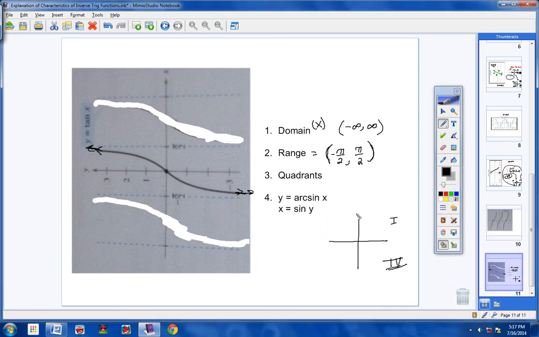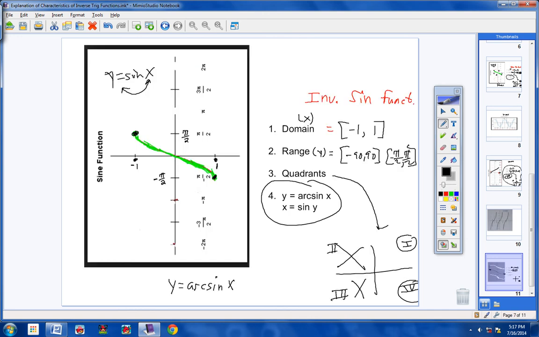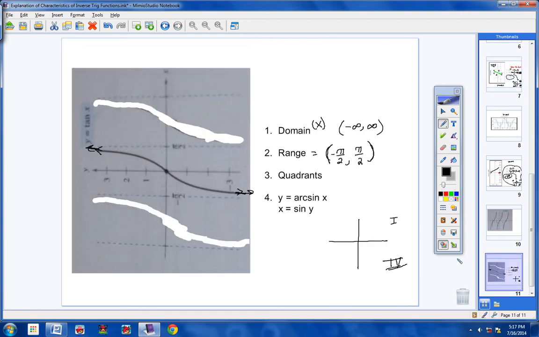If you look back in your notes very quickly to your inverse sine notes right here, notice the range went from negative pi over 2 to pi over 2, and we dealt with quadrants 1 and 4. Same thing here. Your range is from negative pi over 2 to pi over 2, so whenever you're dealing with an inverse tangent problem, you're going to be dealing with quadrants 1 and 4, not quadrant 2 and not quadrant 3.